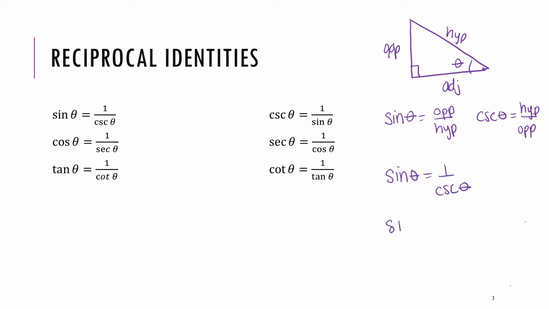Well, if I put 1 over the hypotenuse divided by opposite, I really flip that fraction at the bottom to opposite over hypotenuse, and that is what sine is equal to. So anytime you have 1 over cosecant, you actually have sine.